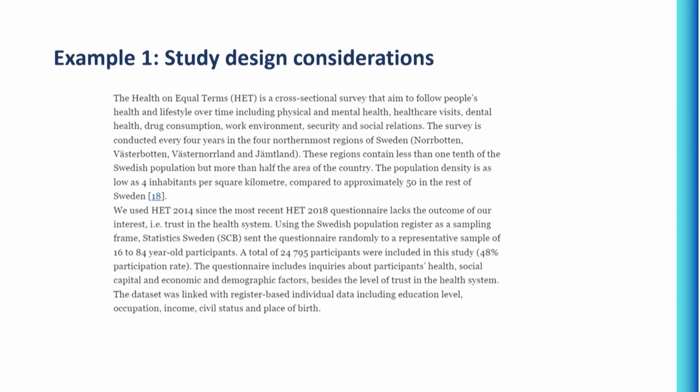Then they're talking about areas of Sweden. We used HET 2014 since the most recent questionnaire lacks the outcome of interest, trust in the health system. Using the Swedish population register as a sampling frame. Okay, now you're already getting much more clues about the design. Health on Equal Terms, a cross-sectional survey. So they're using cross-sectional survey data.